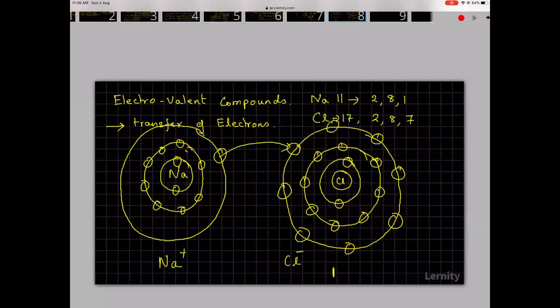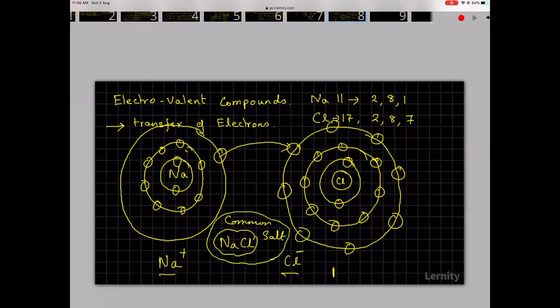Positive and negative attract each other, so they come closer and it becomes NaCl. NaCl is nothing but common salt. The common salt that we are eating is NaCl.